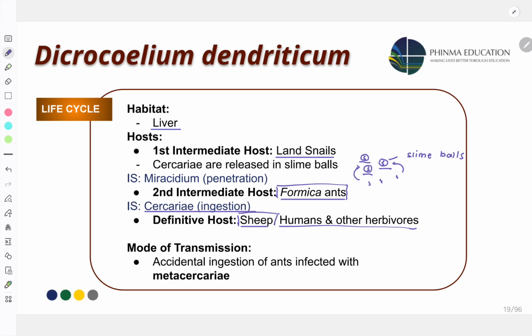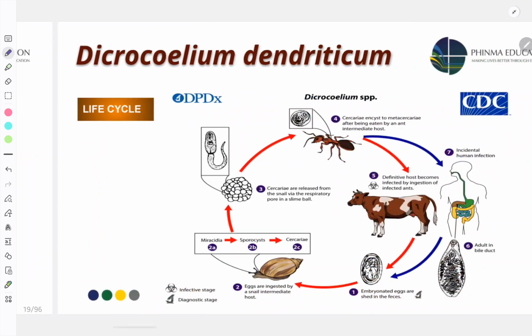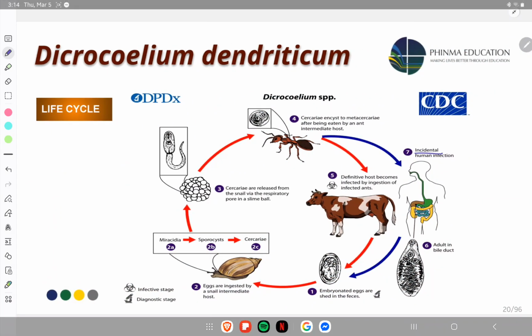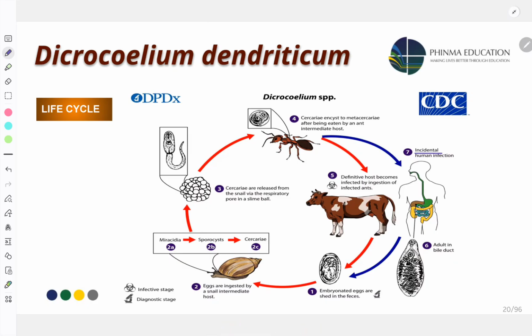The same with your sheep and your other herbivores. So usually when they eat the grass, no, they unintentionally eat the ants, na naa sa grass. So mode of transmission is accidental ingestion of ants infected with the Metacercariae.